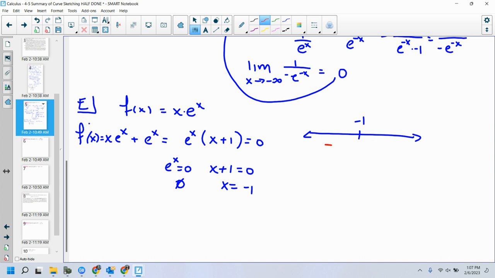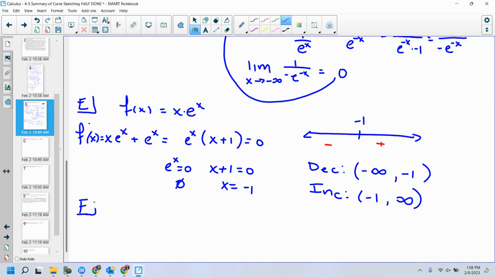Let's plug in 0. E to the 0 is 1 times 0 plus 1 is 1. Positive times a positive is a positive. So I am decreasing from -infinity until -1 and increasing from -1 to infinity. Which means -1 is a what? Minimum.